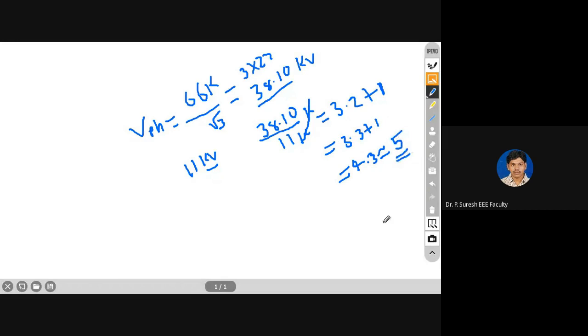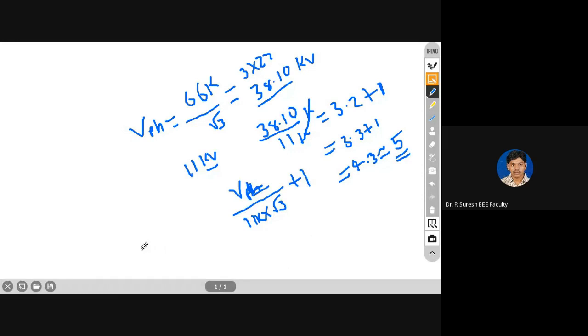So how many discs do we need for a 66 kV transmission line? 5 discs. What is the formula for the number of discs? V phase by 11 kV, otherwise V line by 11 into root 3, plus 1.